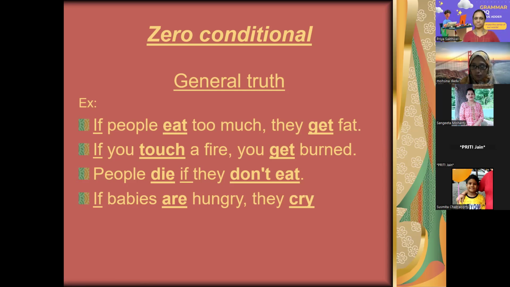If you are not getting any verb, just put get. Yes, after get we use the ED form. If you use this verb as an adjective you have to use ED, because in this scenario burn is not a verb, Priya, burn is an adjective. Ma'am, it becomes a past participle.